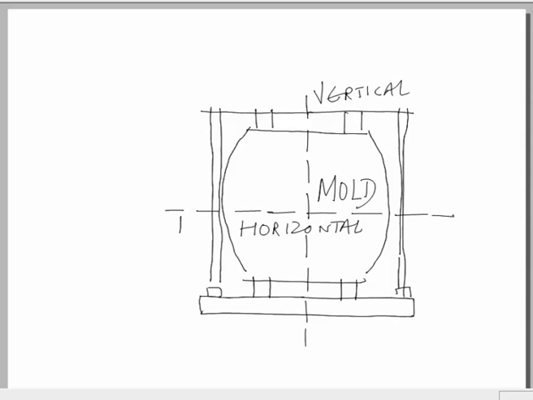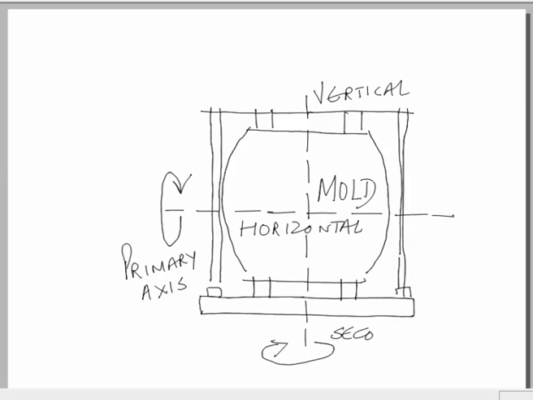Now, this is the rotation about the primary axis. This we can call the primary axis, and we can have a rotation about the secondary axis. So, this is the secondary axis.